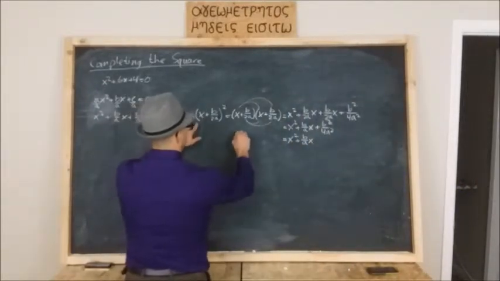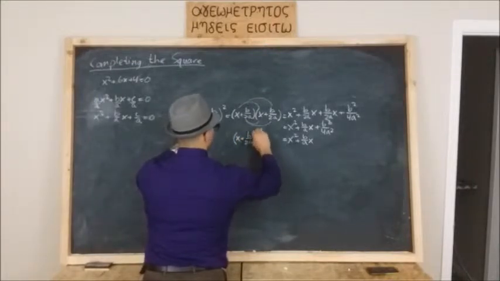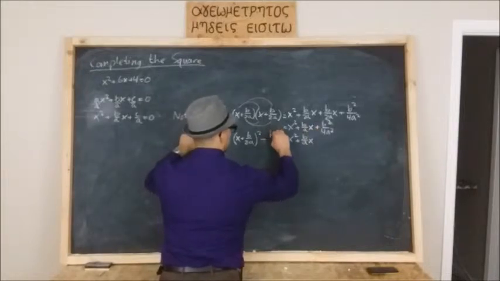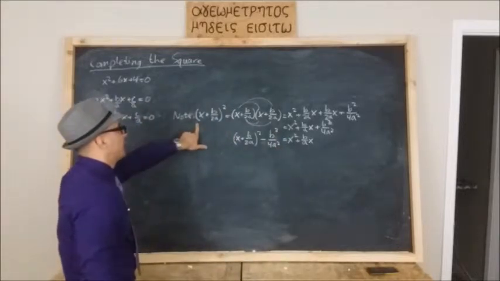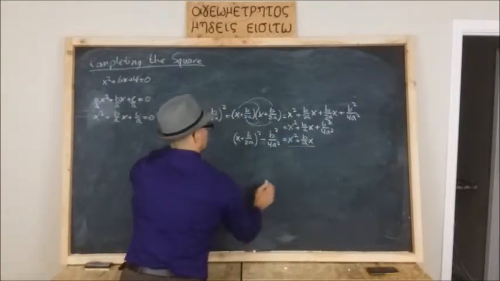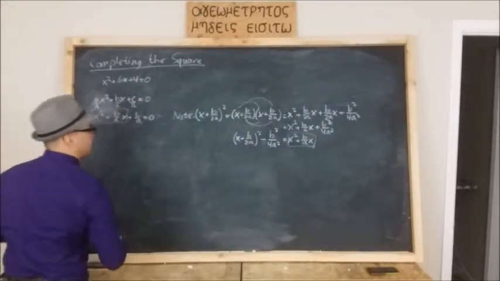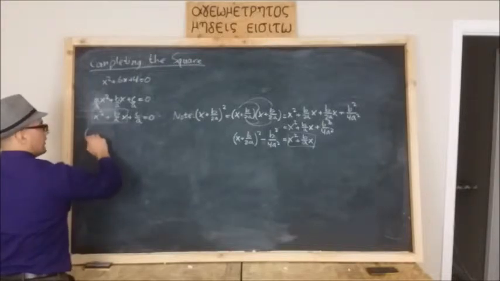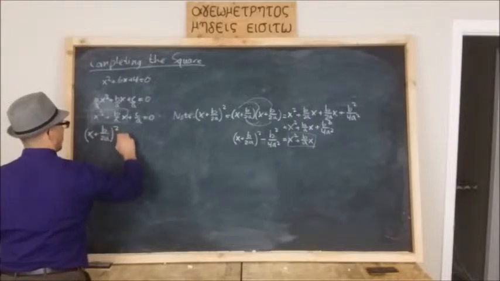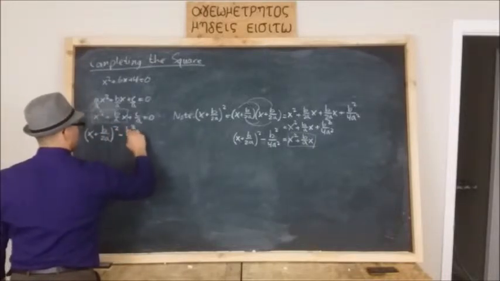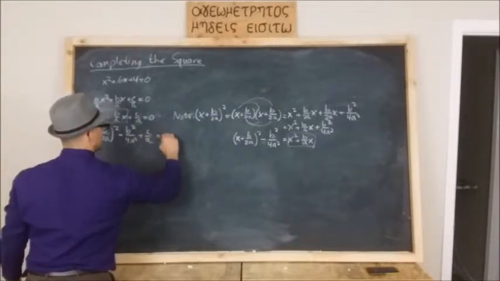So on the left-hand side, I still have x plus b over 2a squared, subtract this, b squared over 4a squared. Okay, so I can now replace this with that. All right, so x plus b over 2a squared minus b squared over 4a squared plus c over a equals 0.